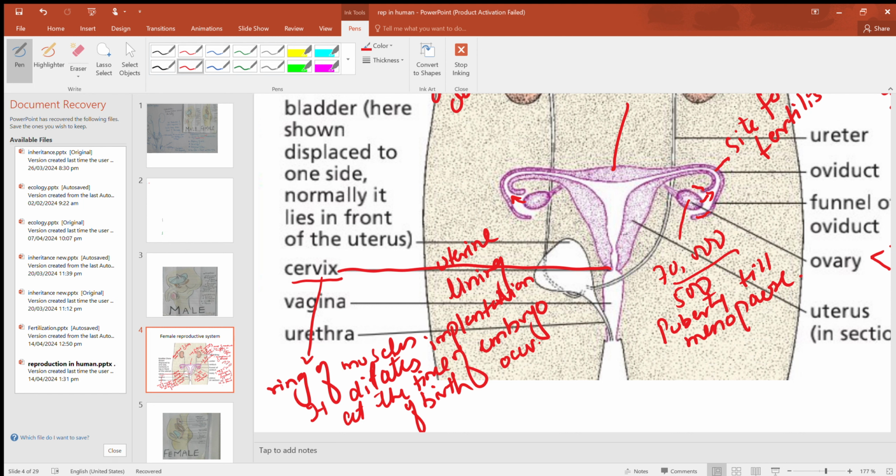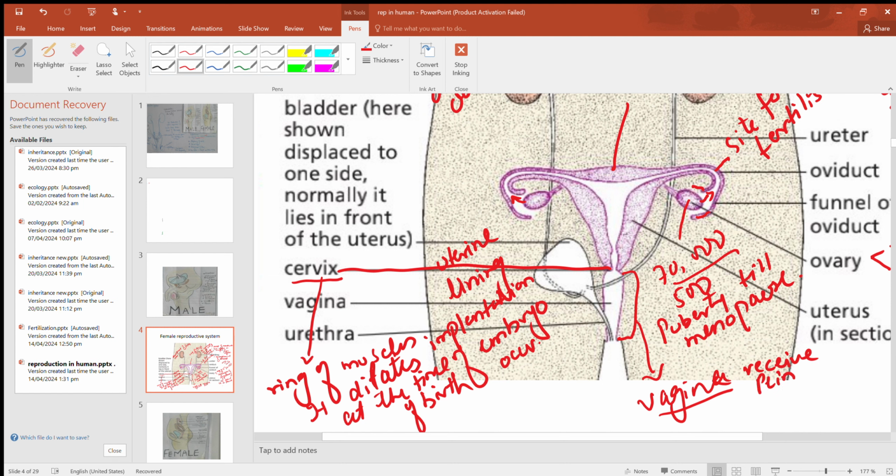Okay. Now this tube-like structure is known as the vagina. What is the function of the vagina? It is to receive the penis at the time of copulation.